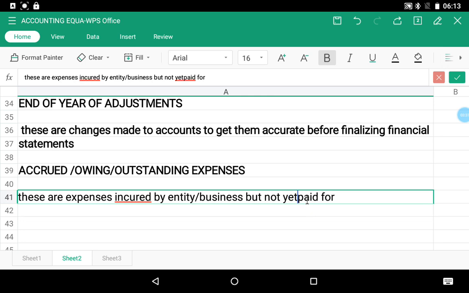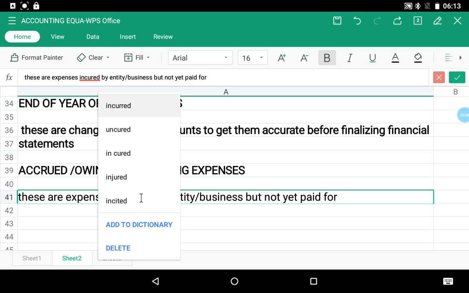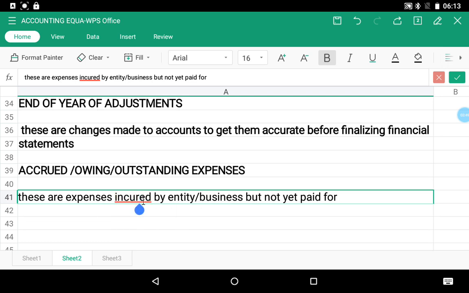For example, you can use rent for two years, yet you have paid for one. That means when you are preparing financial statements for that trading period, you will account for 1 year, you don't consider the other one.